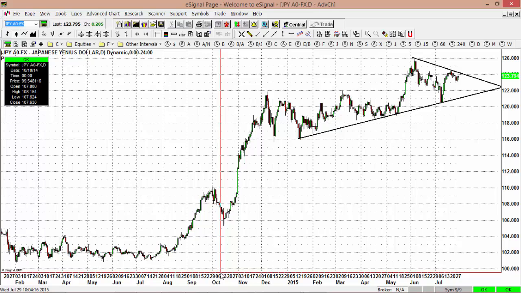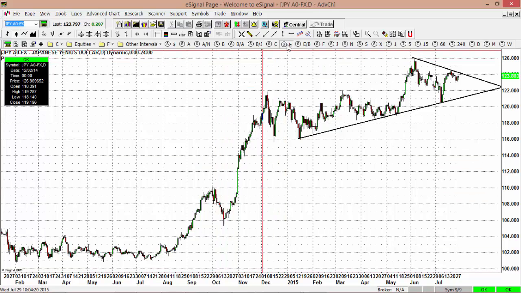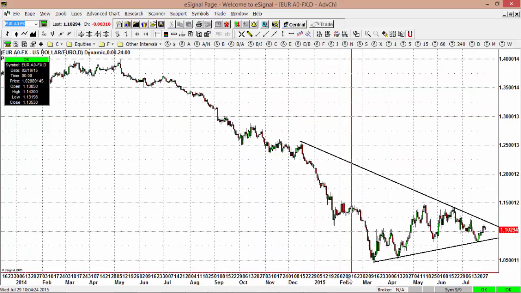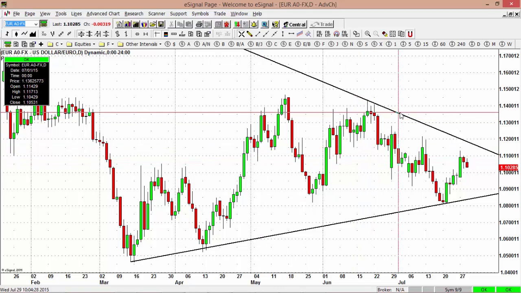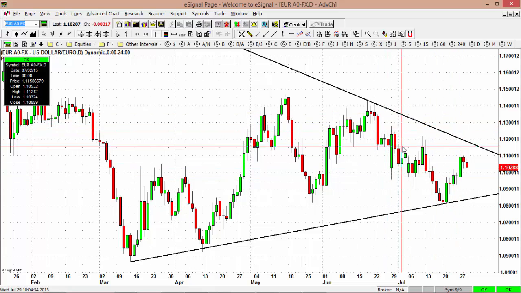To be quite frank, most of July we've been in consolidation patterns with most of the currency pairs. Look at the euro. We started July opening at 111.42 and we're at 110.28 now. Very tight range in the euro this month, and this is just typical of summer trading.